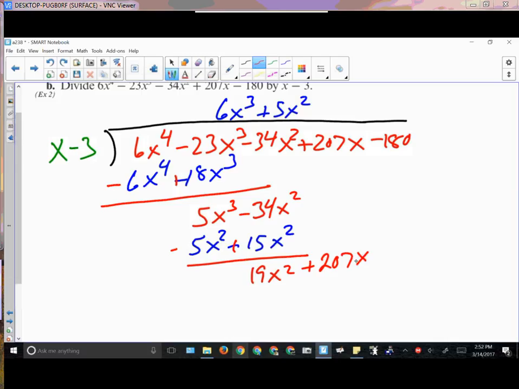Again, multiply it out and see what we get. We're going to need 19x. 19x gives me 19x squared. Minus 19 times 3 is going to give me, what is it, 57?